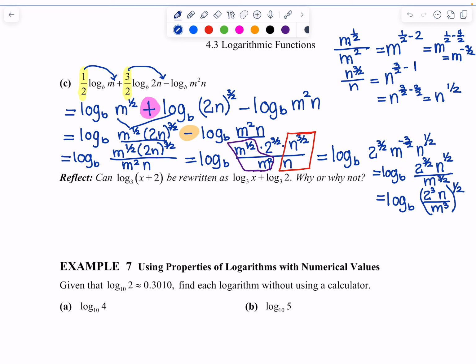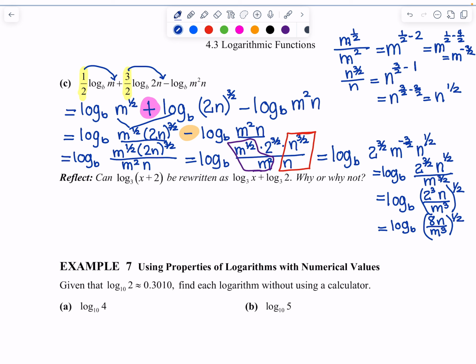I can factor out that 1/2 out of all the exponents. So now, 2 to the 3rd, let's figure out what that is. Isn't that 8? That's 8n over m cubed, all of this raised to the 1/2. Because I can't forget the 1/2. That's still part of it.